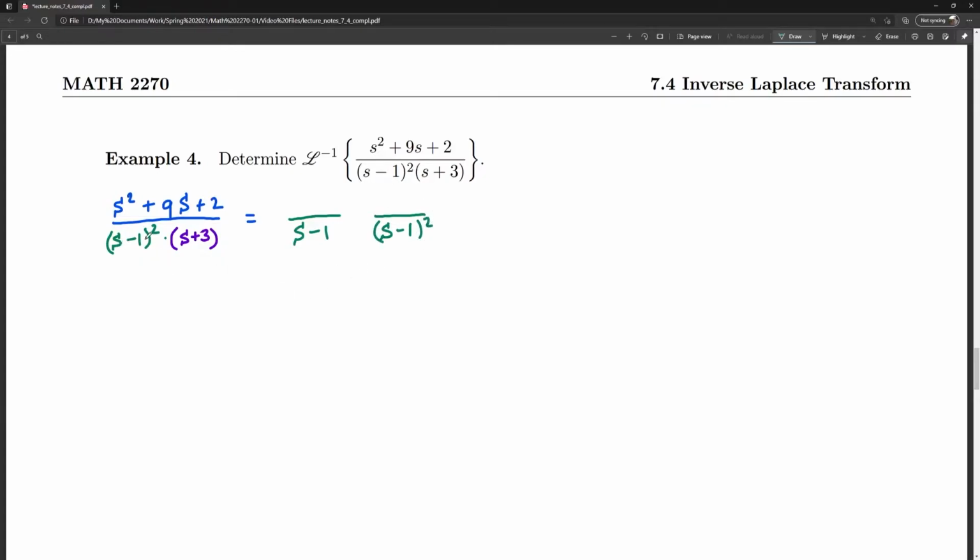So we have s minus 1, s minus 1 squared, and if this was cubed, then we would also have a term plus over s minus 1 cubed.